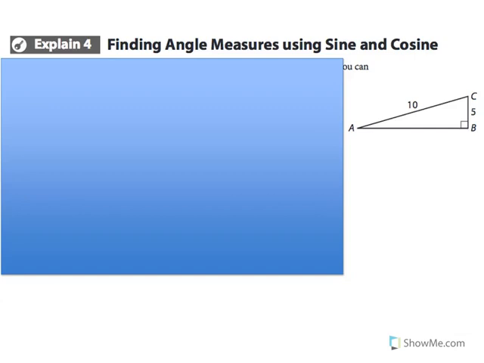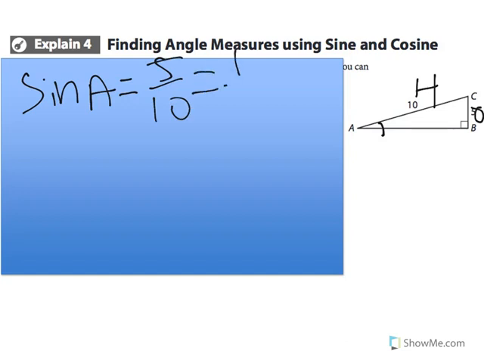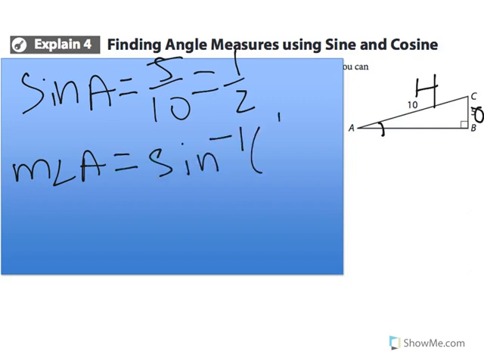Okay, let's go on to this one. Find the angle measure using sine and cosine. We learned from day one that to find the angle, we need to use the sine and cosine inverse. If we are observing from angle A, we have opposite and hypotenuse. So sine of angle A is equal to 5 over 10, which reduces to 1/2. That means the measure of angle A is equal to sine inverse of 1/2.